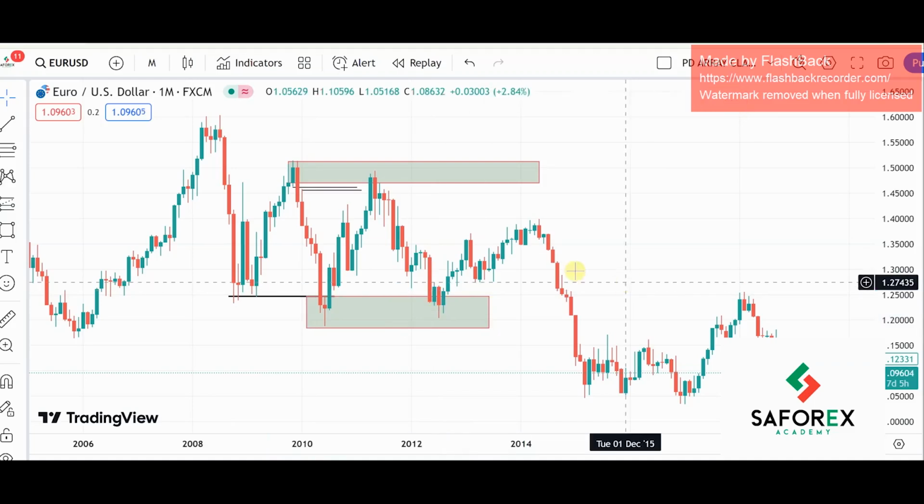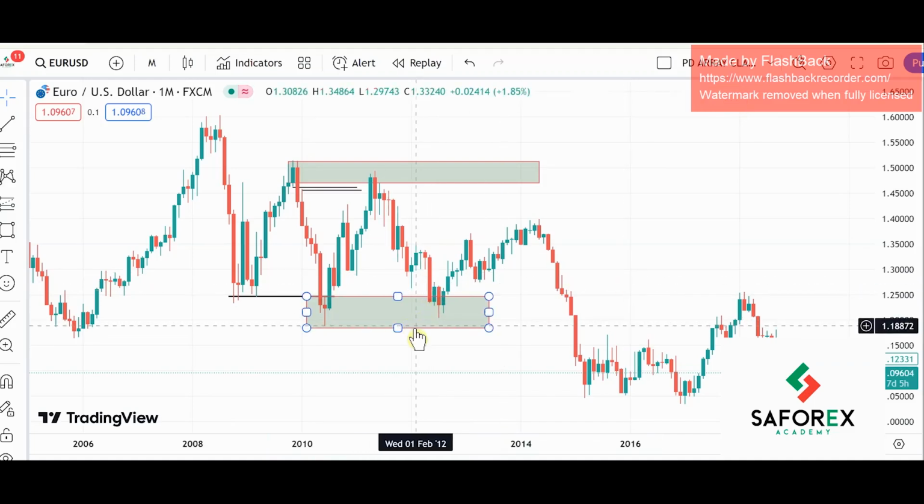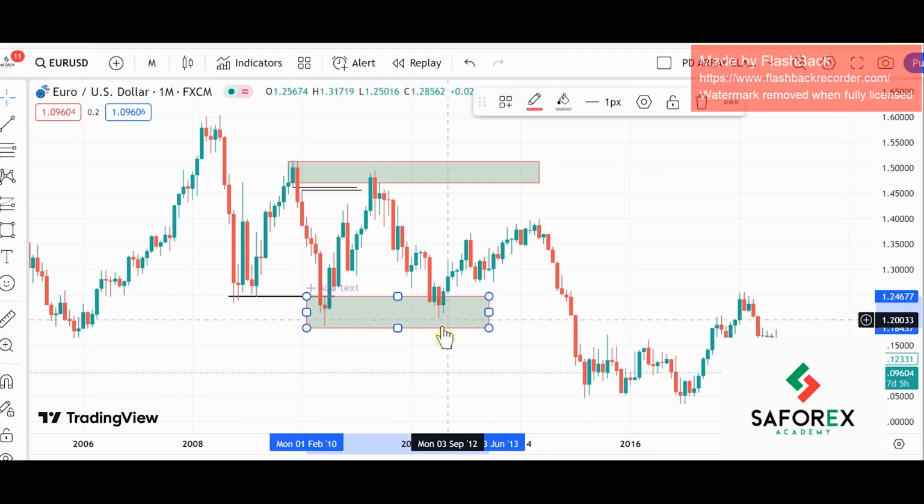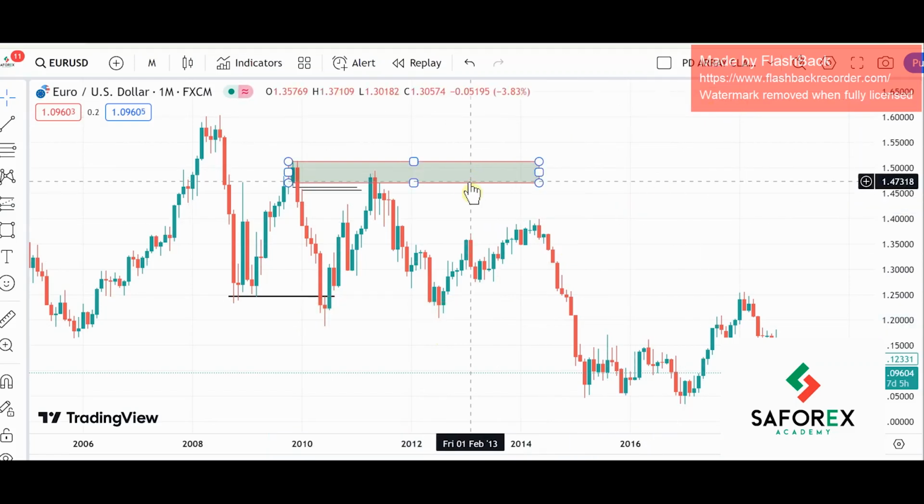So you always see that, and then you want to take trade from there to high, like that, like that, like that, and like that. All right, so that is all on equilibrium, and sorry, all on order block. That's all on order block.